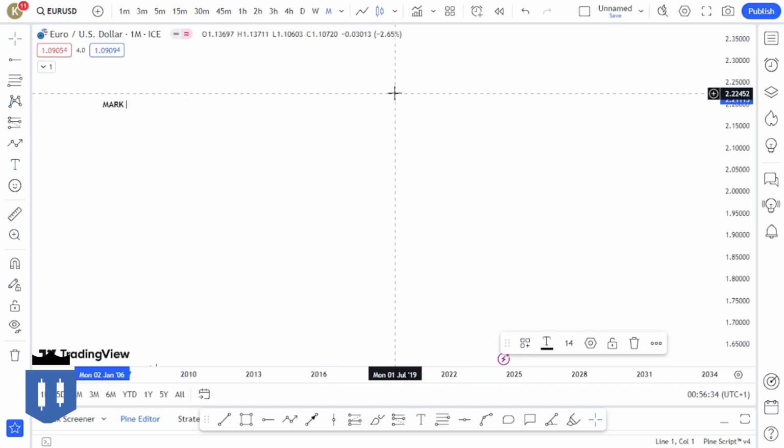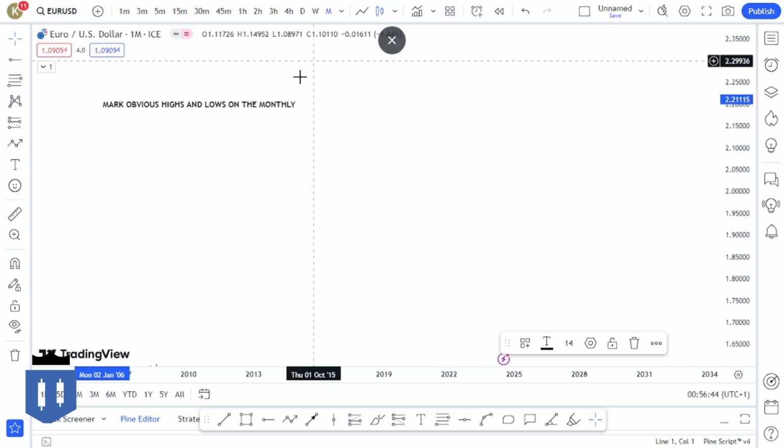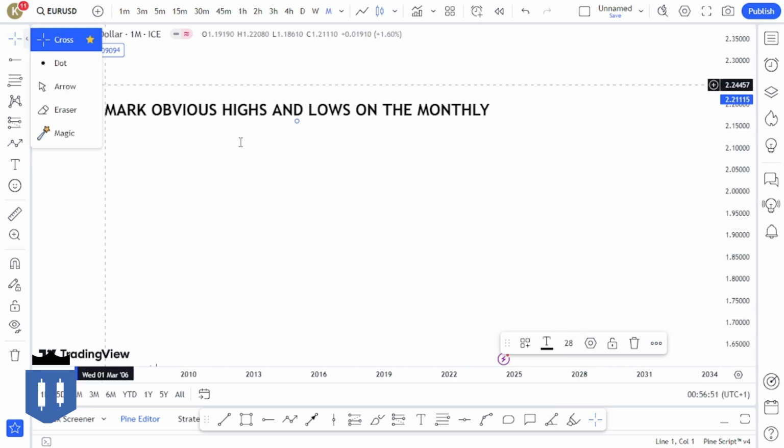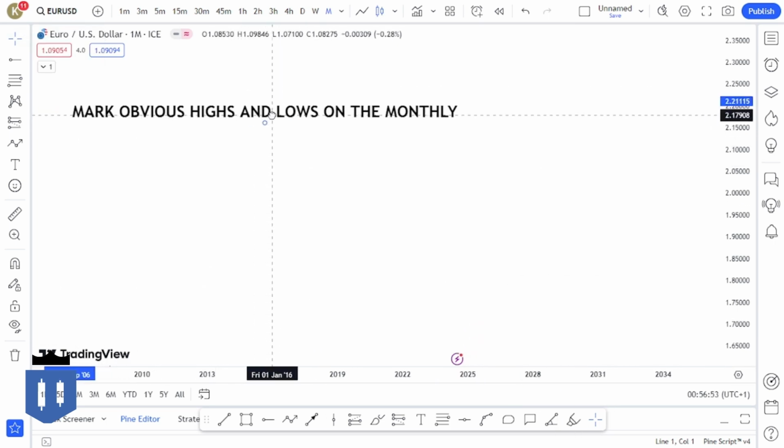Mark obvious highs and lows on the monthly. That's the first step. I'll put it as number 1.